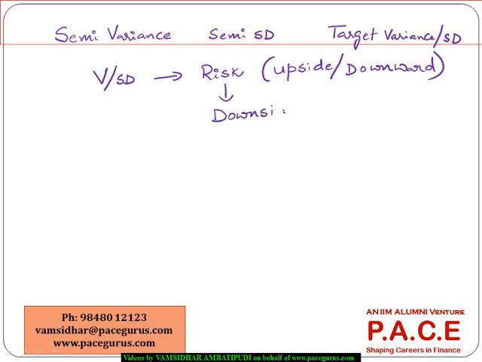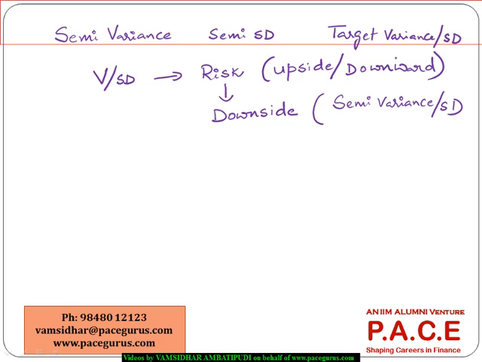Upside, why should I take it for the computation of the risk? I am majorly bothered about the downside itself, and I want a measure that looks only at the downside of the mean. That is where we talk about the semi-variance and the semi-standard deviation, where the focus is only on the downside of the deviations compared to the mean.